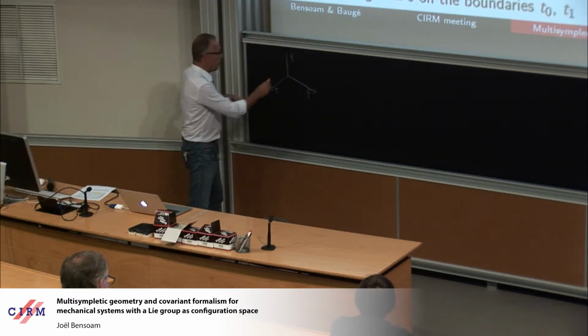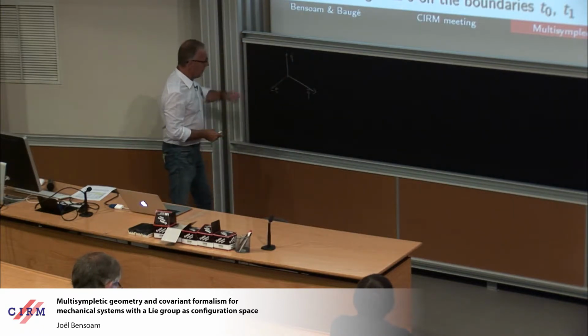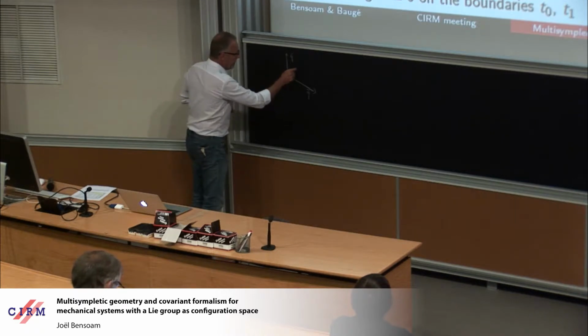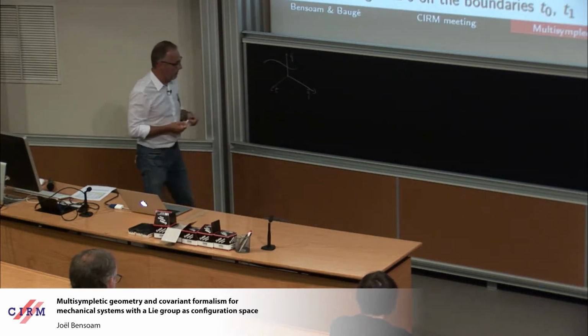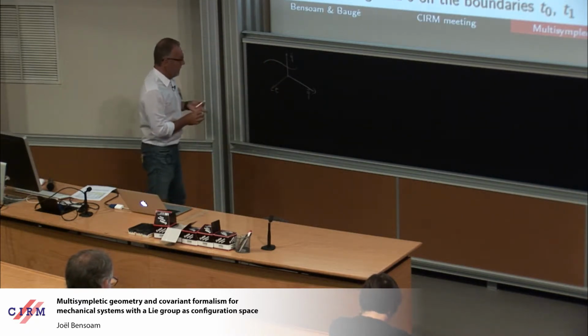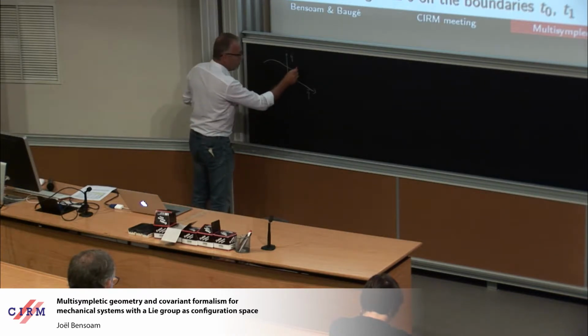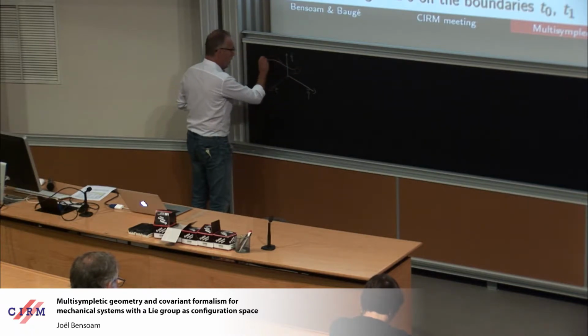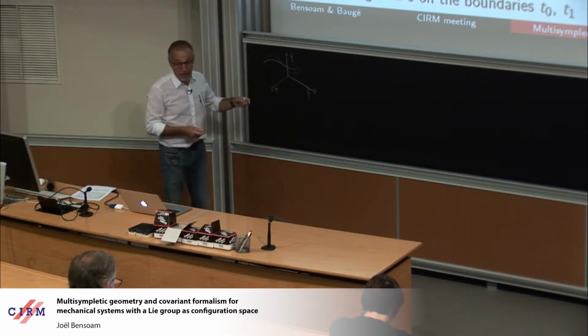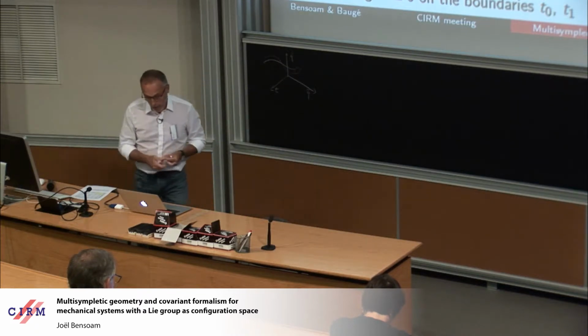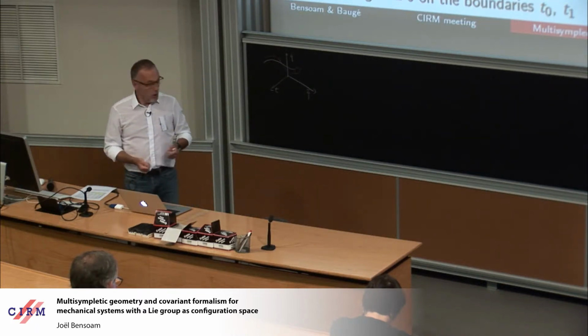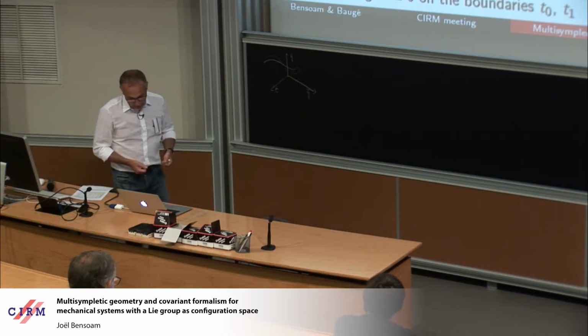You can imagine, as a sketch, that a trajectory is a curve in this sort of space. Then he applies a variation of these curves in arbitrary directions, and he tries to compute the variation of the action due to this variation of the curves.